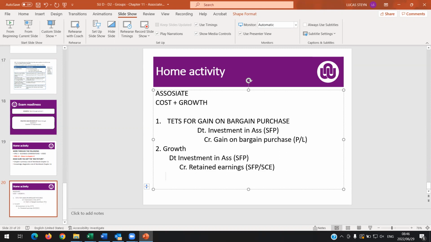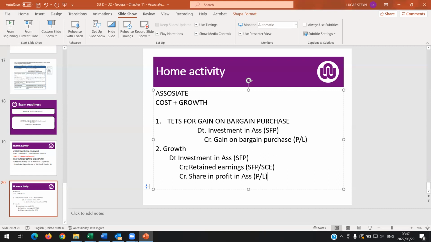And then the current year's growth will go to credit, share in profit in associate through P&L. And this is the separate line item that I recognize. So here, remember in the bird's eye view, we said there are 3 items that we recognize in our consolidated financial statements.